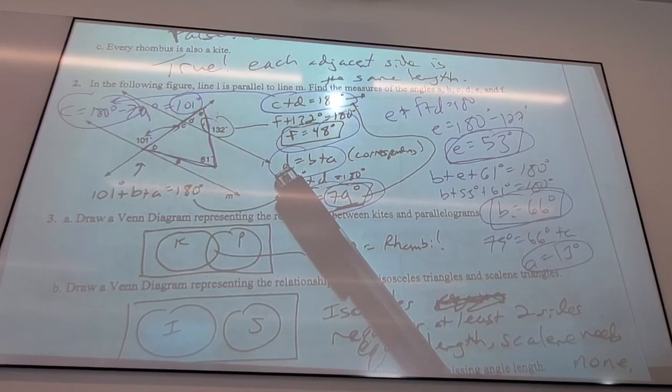Levels 3 and 4 are like getting into a college-level thought process, right? That's when you start to do proofs, like angle-side-angle proofs.